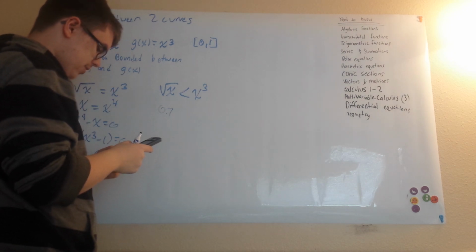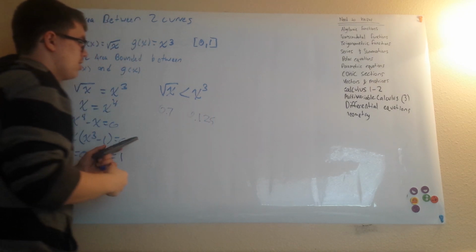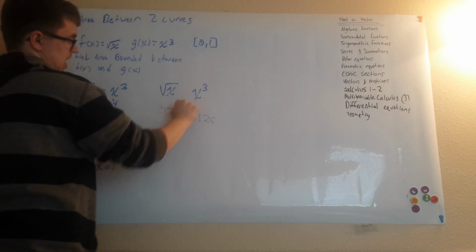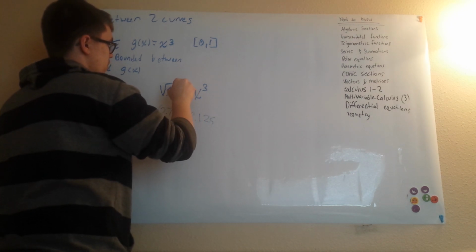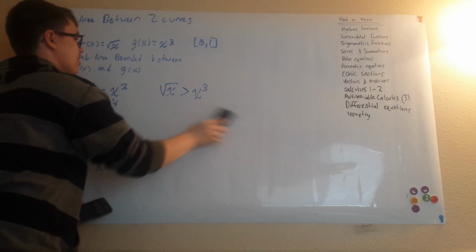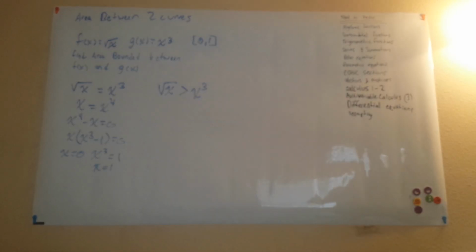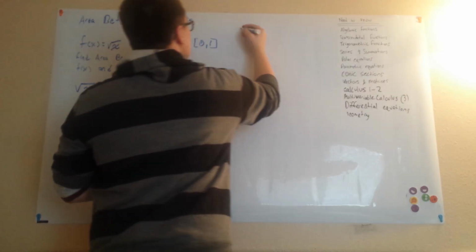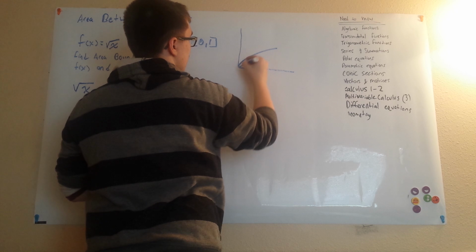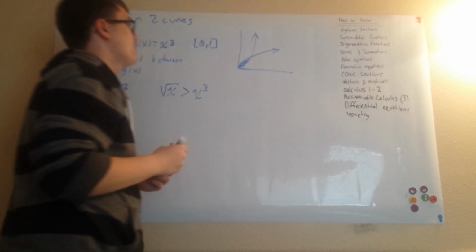And 0.5 to the third is 0.125. So obviously, the tides have changed. And, ooh, the square root of x is the upper function. This is what it looks like, this area like that.